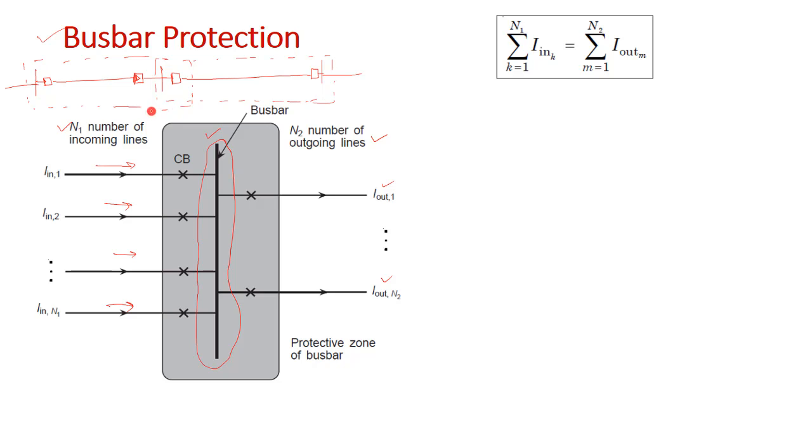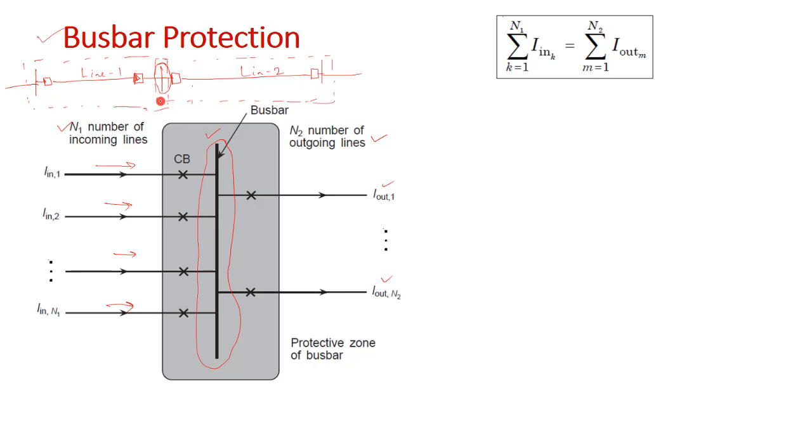Now, this is the busbar. This busbar is being protected by the protection zones of the lines. If we say this is line 1 and this is line 2, then this busbar is protected by both the line 1 and line 2 protection schemes, and they are overlapped, right?